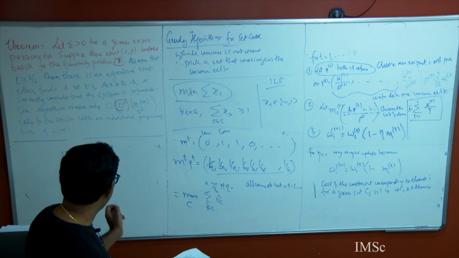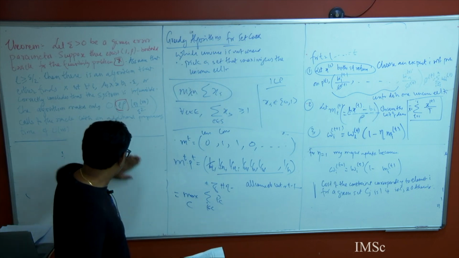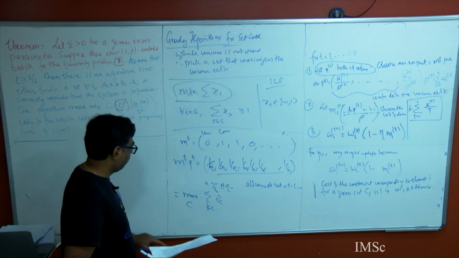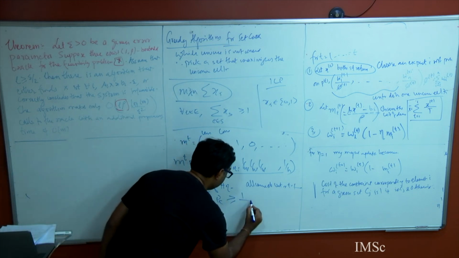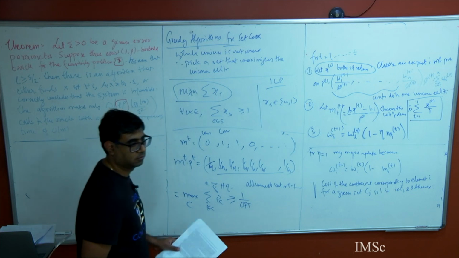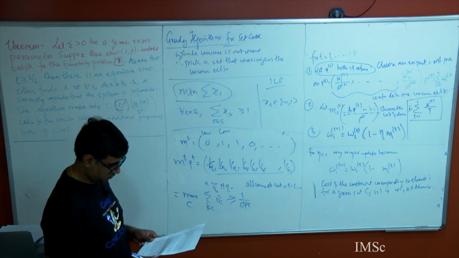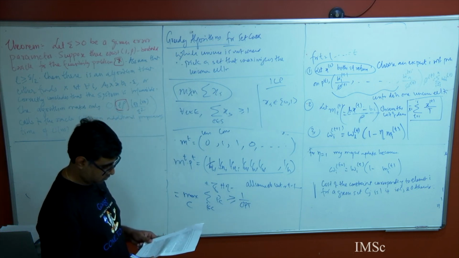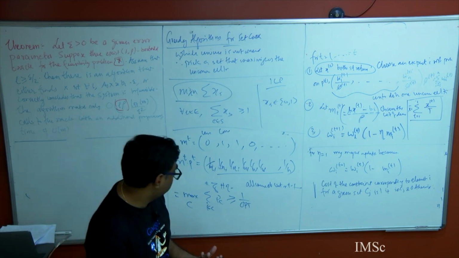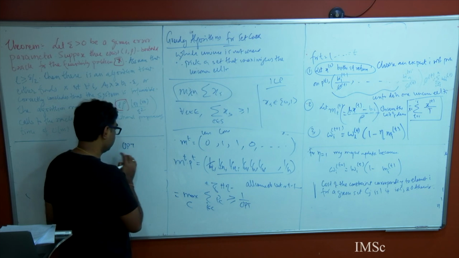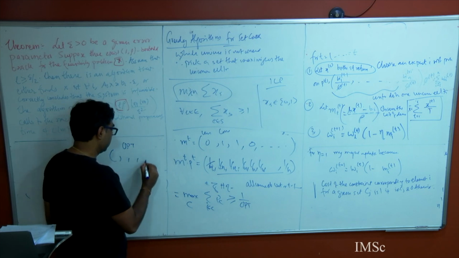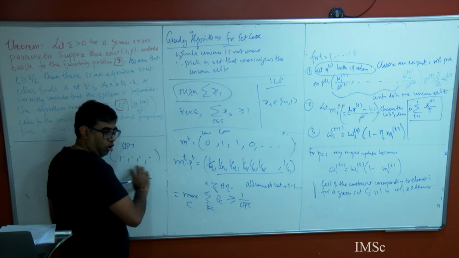So what can we say about this? Can I say this is at least 1 over opt? Can I say this? Imagine the current opt which covers all the elements.